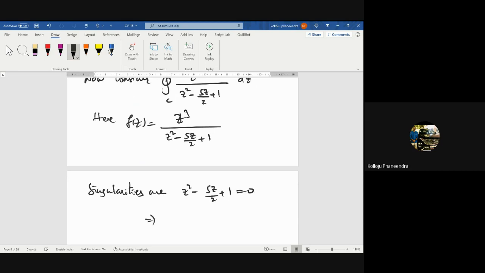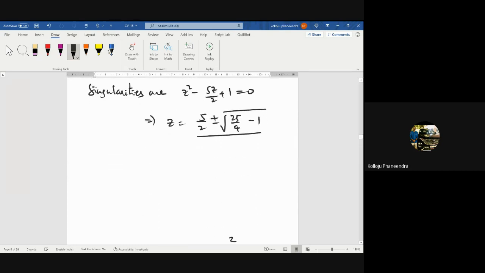So z equals minus b plus or minus the square root of 25 by 4 minus 1, by 2. Now this is z equals 5 by 2 plus or minus the square root of 25 minus 4, 16 by 4. No, 25 minus 4. Any corrections? Why am I getting this? I will get 21. No.